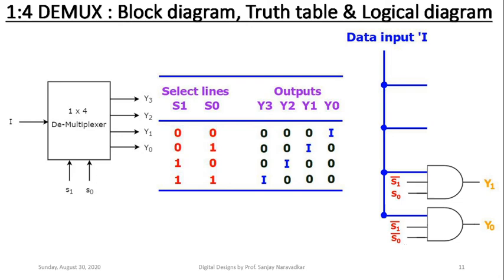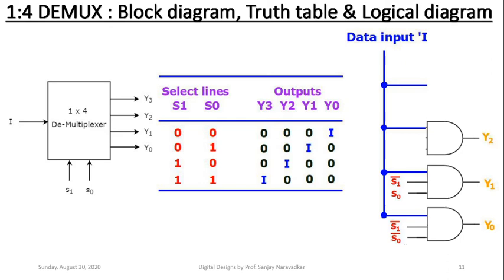Next, above this second AND gate there will be a third AND gate. I am developing from bottom to top because in the block diagram Y0 is shown at the bottom, then Y1 above, then Y2, and Y3 is the topmost output line. Now the third AND gate from the bottom will be developing the output Y2.